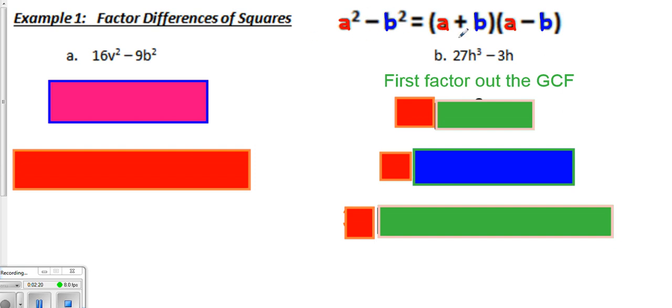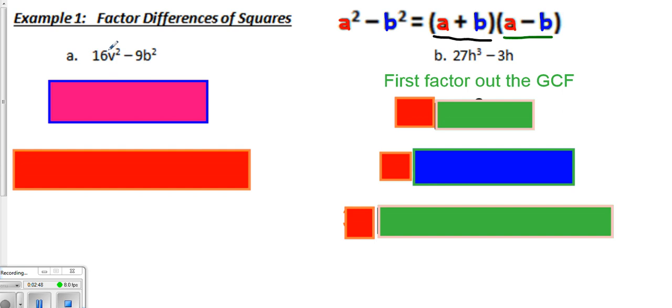Remember, our difference of two squares formula looks like this. a squared minus b squared equals one binomial, a plus b, times another binomial, a minus b. So if we've got 16v squared minus 9b squared, again, first we have to recognize each of those as one monomial squared.